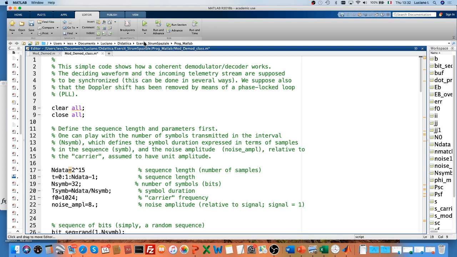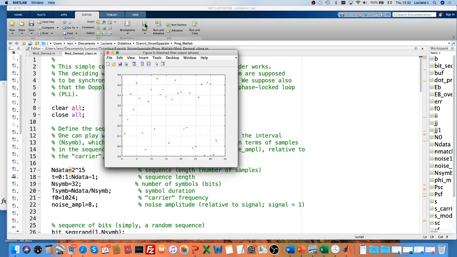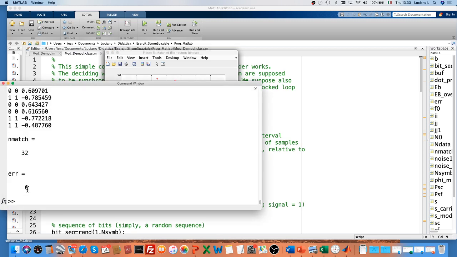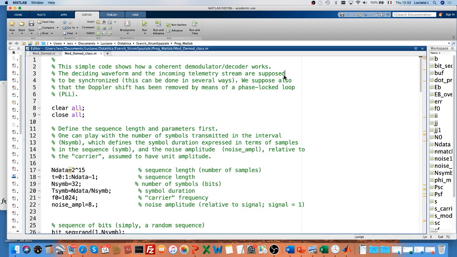Let us transmit fewer bits, decrease the bit rate. And now, again, there is a clearer separation, and I expect fewer errors. In fact, we have 0 errors. But it is a chance. We are in a dangerous situation anyway.